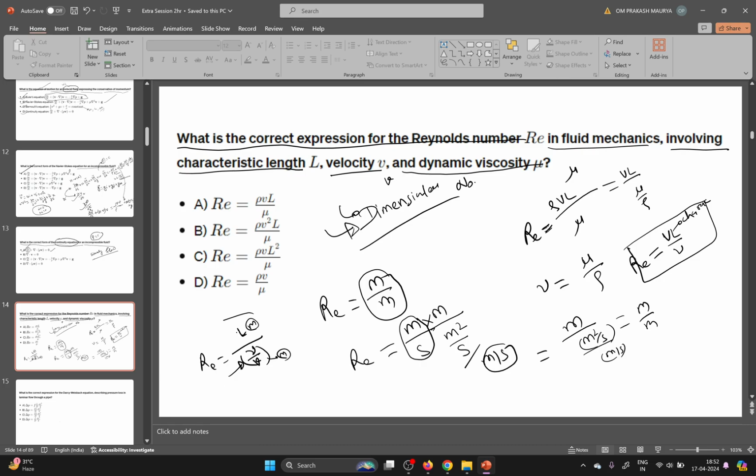So your Reynolds number is what? The Reynolds number is a length ratio. Remember, somewhere we need to utilize this concept. For non-dimensionalizing things, we need to multiply or divide by these things. Always remember, when you do higher study, you will get these things. But remember.